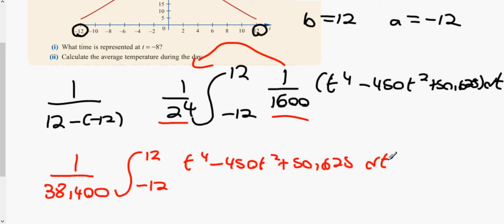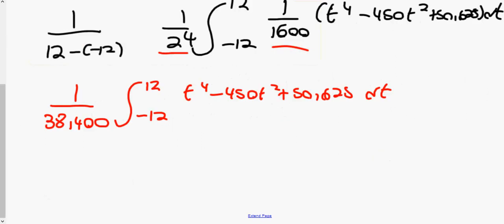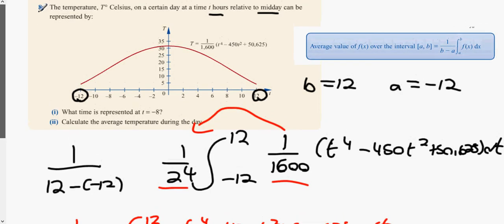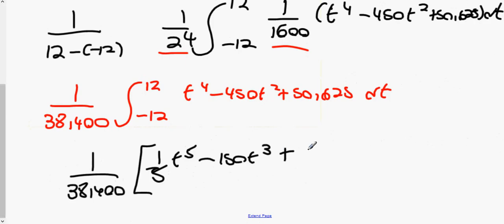I'm going to try and integrate this now. So when you integrate this, it's going to be 1 over 38,400 times the integral of, let me see, a fifth t to the power 5, minus 150 t cubed, plus 50,625 t, all from 12 to minus 12.